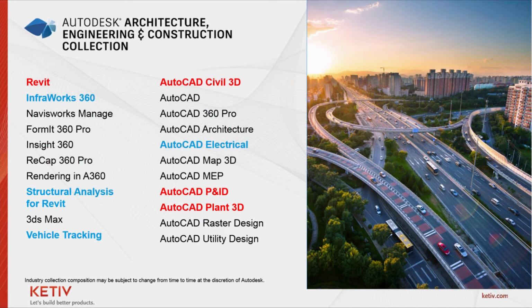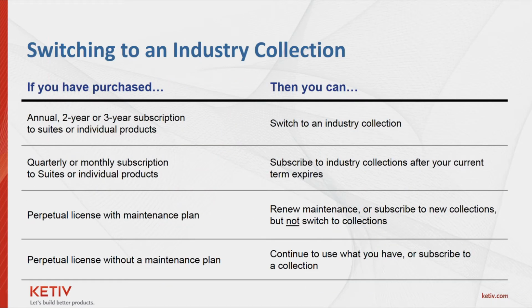So then how do you actually switch to one of these industry collections, and what is the eligibility to be able to do that? If you've purchased an annual or multi-year subscription to the suites, as I mentioned before, in terms of the design suites or the individual products such as AutoCAD, Revit, Civil, you can switch to an industry collection. If you're on a quarterly or a monthly subscription to those products, you can subscribe after your current term expires.